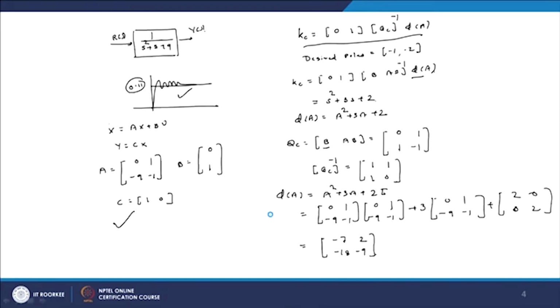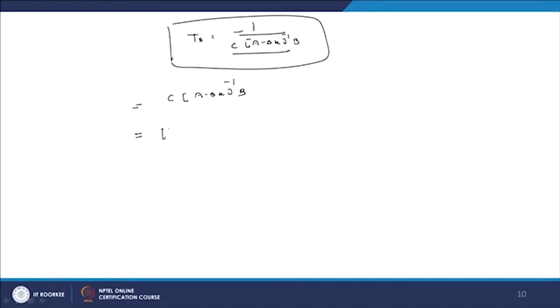As we are going for the same problem, C is [1 0], and B is [0 1].